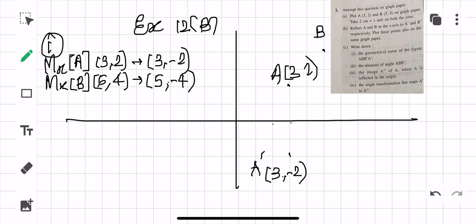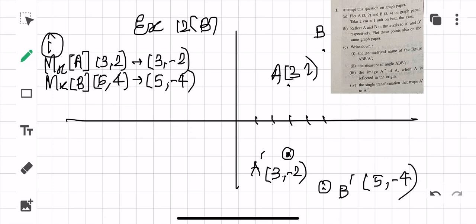Similarly you will get 5, -4. So this is 1, 2, 3, 4 and 5, and then I'll have a point here, 1, 2, 3, 4. So this is 5, -4, which can be written as B dash. B dash is equal to 5, -4.